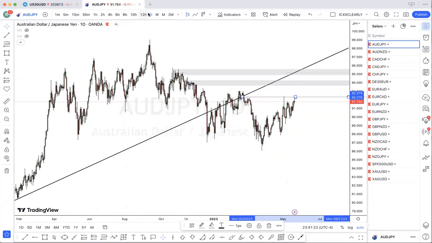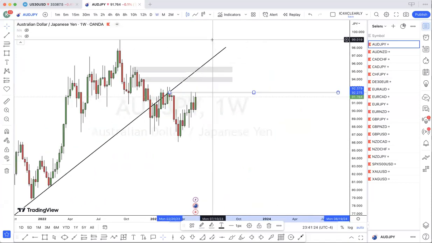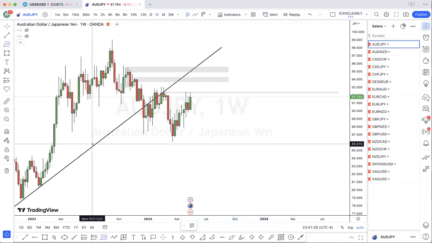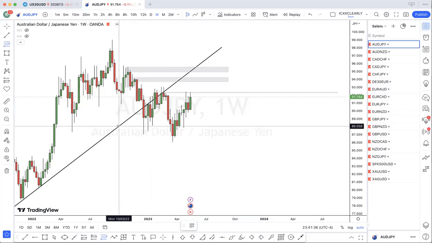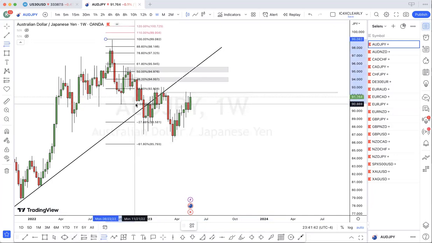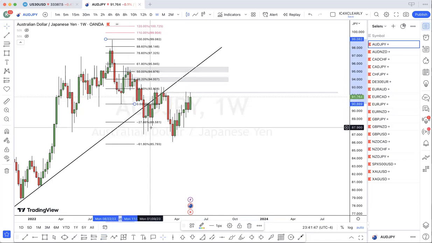And let's go back to the weekly and put a fib on it. As we can see, price has not completely filled this imbalance, almost. So if we fib from this move to this move, price tapped into the negative 27.